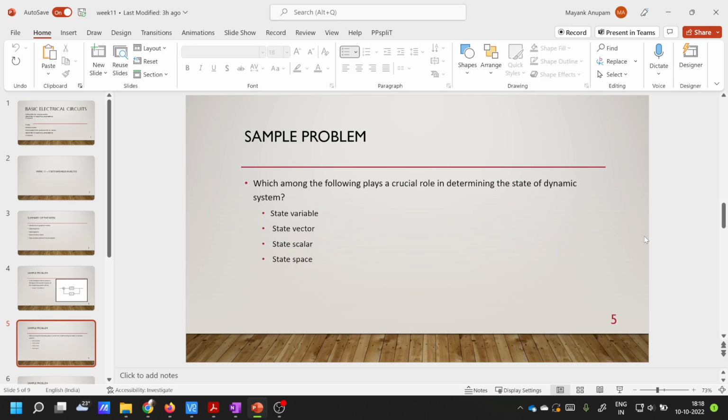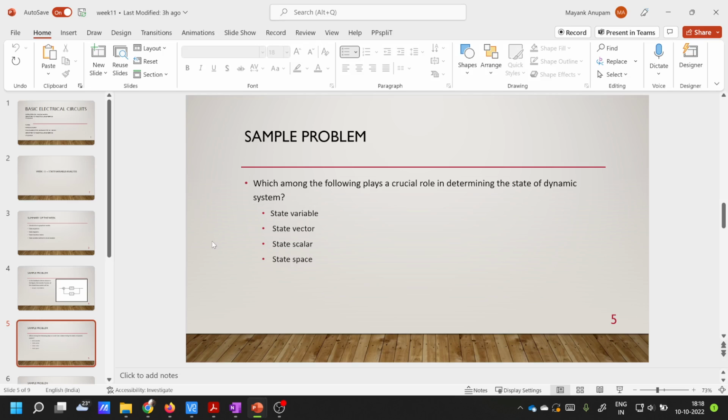I guess everyone understands that a state variable is nothing but a variable which can completely characterize the system's state at a particular time. If you know all the state variable values, then you can say everything about the state of a system. It's just like the biodata of that particular state. Suppose my name is Mayank.